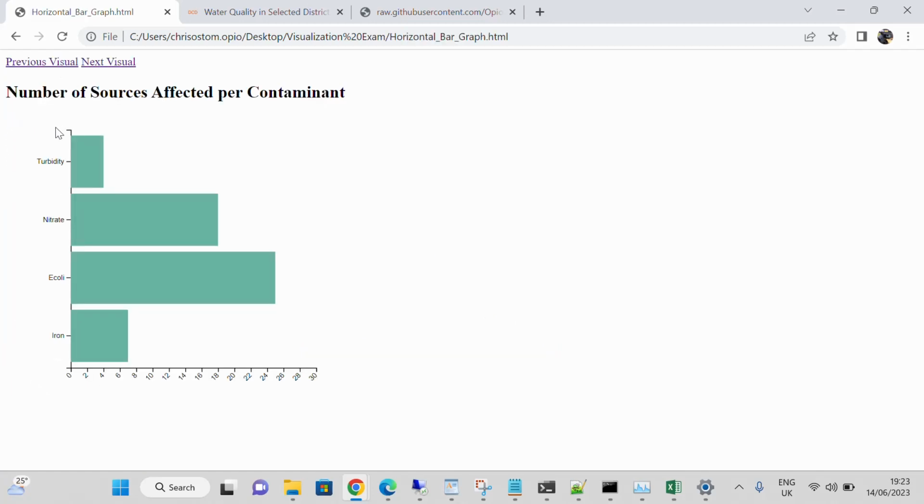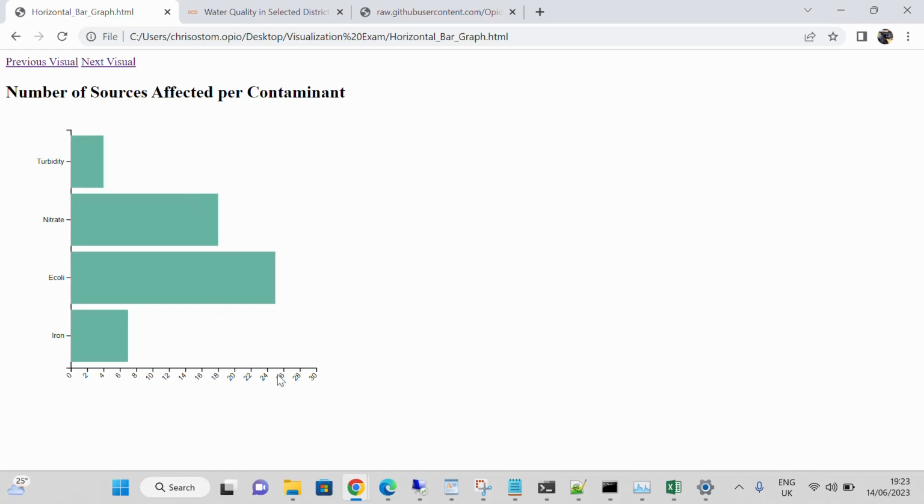Then this next visual shows the number of sources affected per contaminant. So you find that turbidity had three water sources affected. For nitrate, you'll find that there were 18 water sources affected. This is in general, all the water sources if you bring them together.